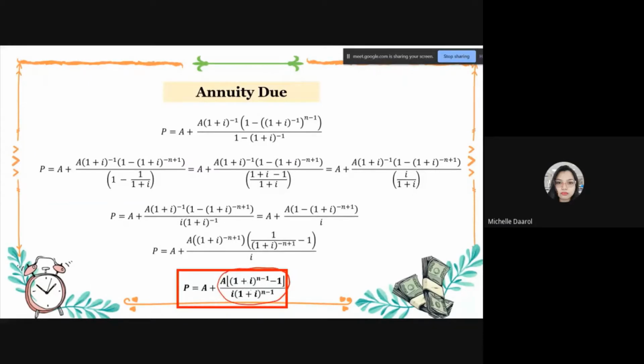And then remember that we add A to our geometric sequence. So the present worth of an annuity due is equal to the annuity A plus A times 1 plus i raised to n minus 1 over 1 times 1 plus i raised to n minus 1.